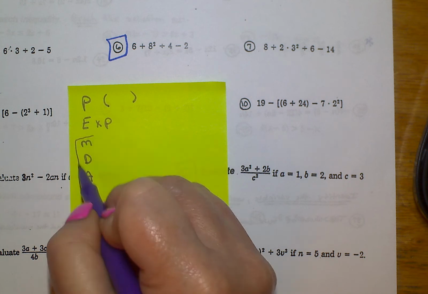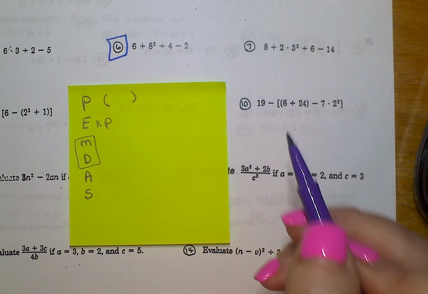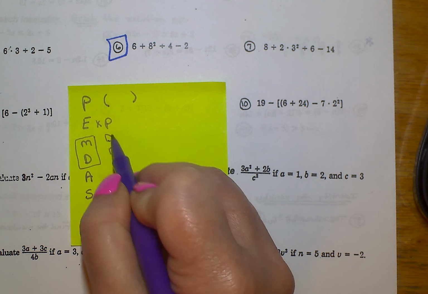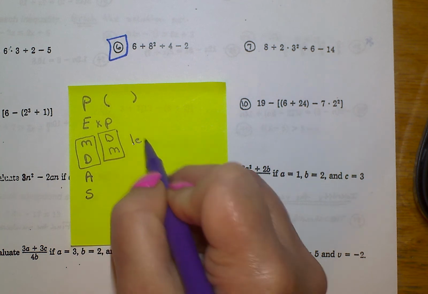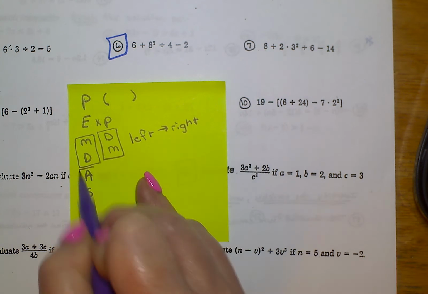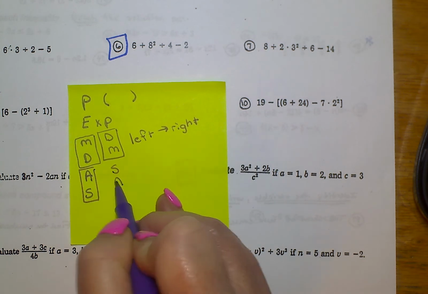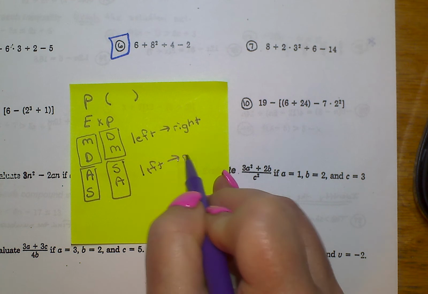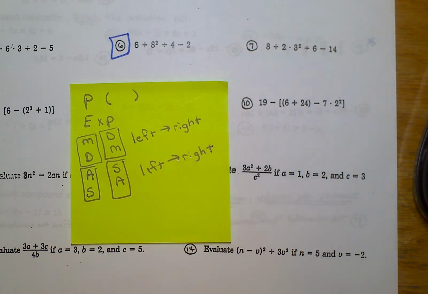Now, multiply and divide, it's whatever comes first from left to right. So sometimes you have to do divide before multiplication. So it's whatever comes first, left to right. The same thing with adding and subtracting. It's whatever comes first from left to right.